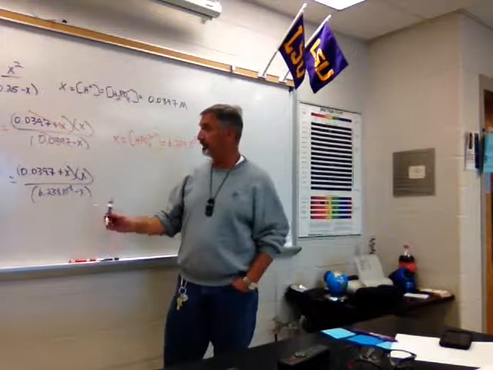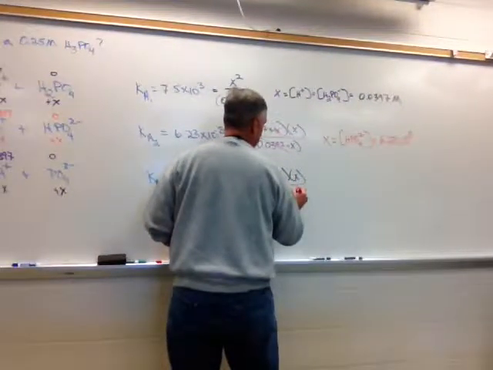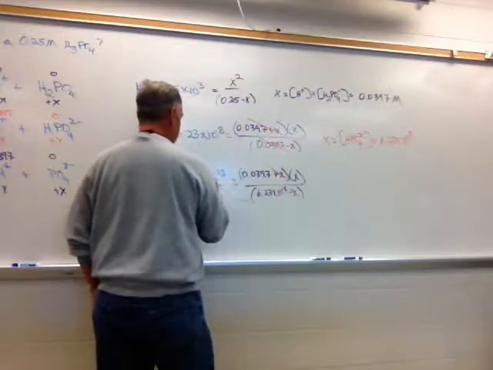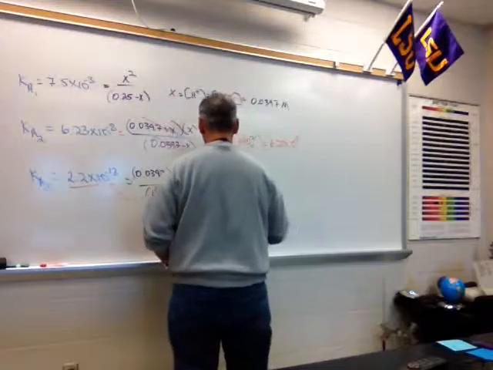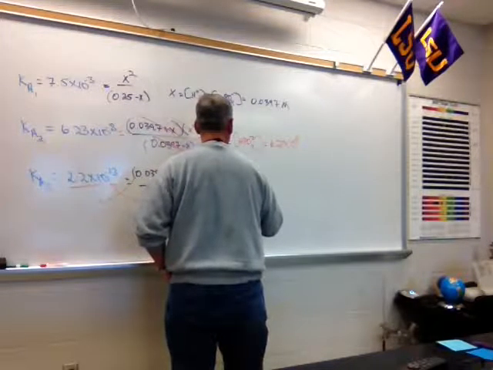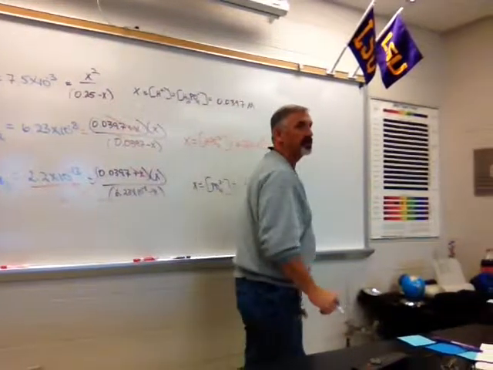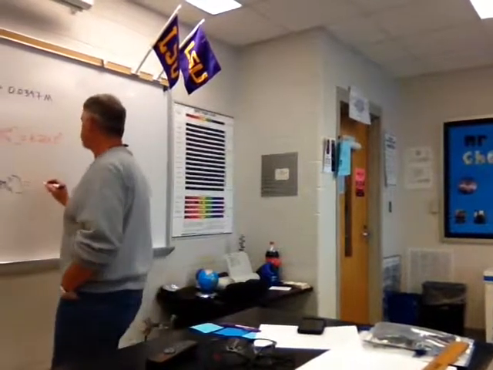You should be able to do that manipulation, knowing that the x's are canceling. So what's x equal? I got 3.45 times 10 to the power negative 19.